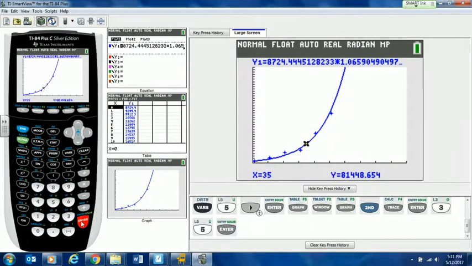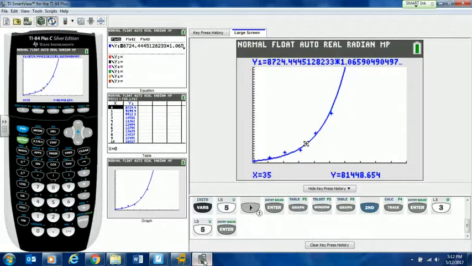Now what this does is it brings you to where the x coordinate is along our regression equation. So at x equals 35, we have y is equal to 81,449, because it's to the nearest 1,000.